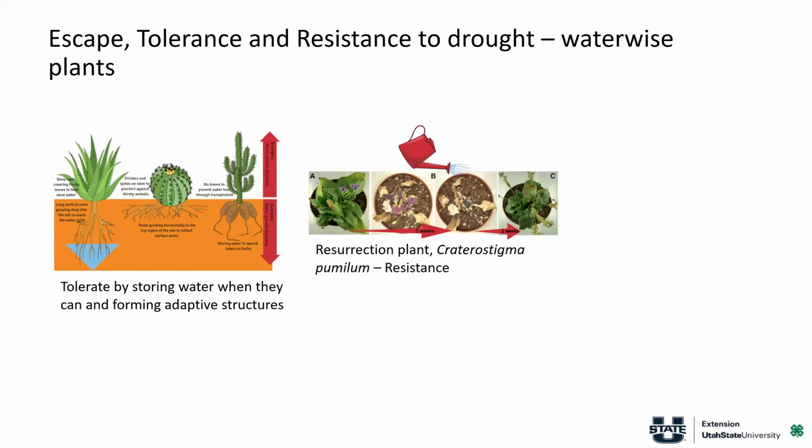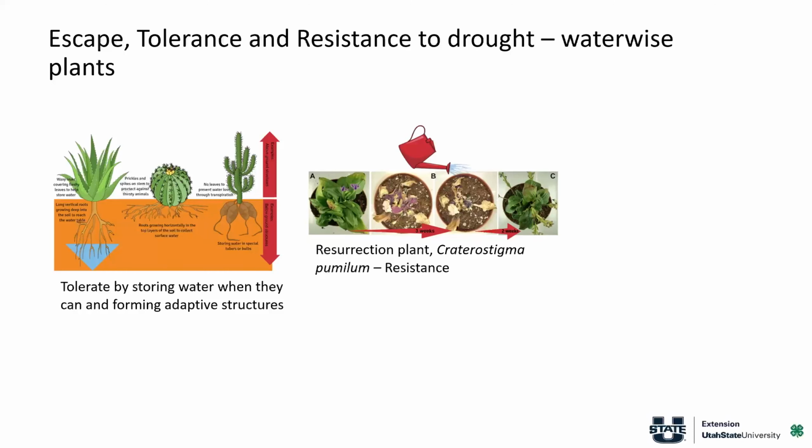Some plants are resistant. This is an example of a plant that is resistant to drought, meaning when there is drought, they completely die and only a few green things remain. But then in the winter, when it's re-watered, so these are the plants after 3 weeks in drought, and when we irrigate for 2 weeks, it comes back like this.